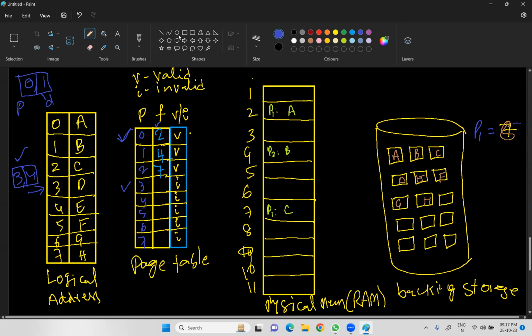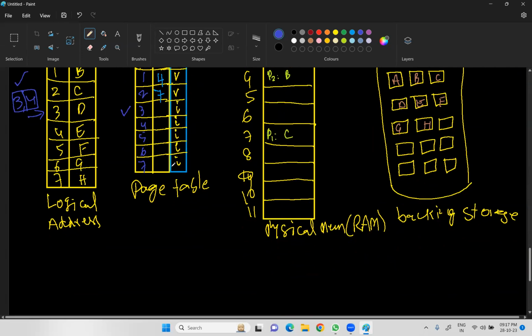Page fault means when the CPU wants to execute any kind of instruction, one logical address is generated, and that logical address always looks into the page table. Within this page table, if the valid or invalid bit is set to I, that is invalid, therefore the page does not exist in physical memory.